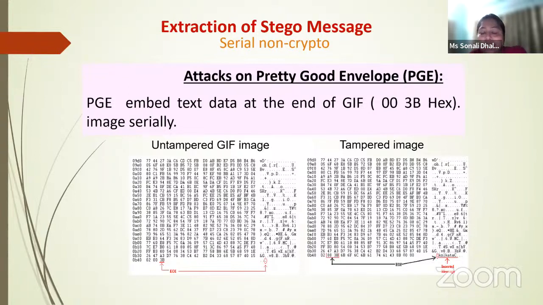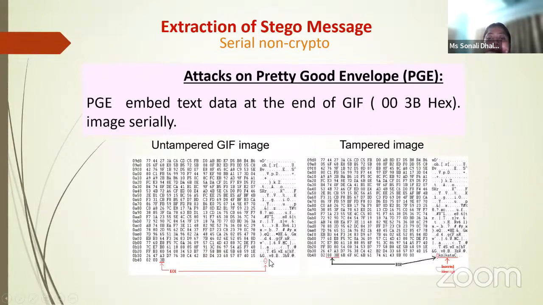If we study the GIF image file format, 003B is the end of file marker for a GIF image. The first one is the bit plane of an untampered GIF image, pointing to the end of file marker.